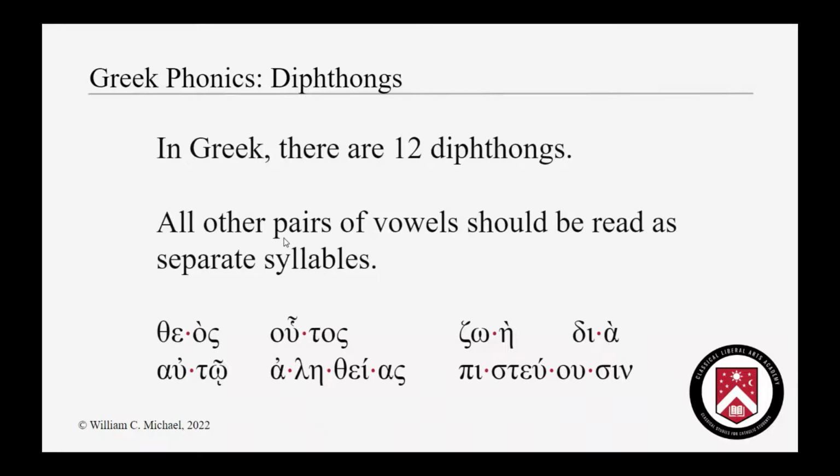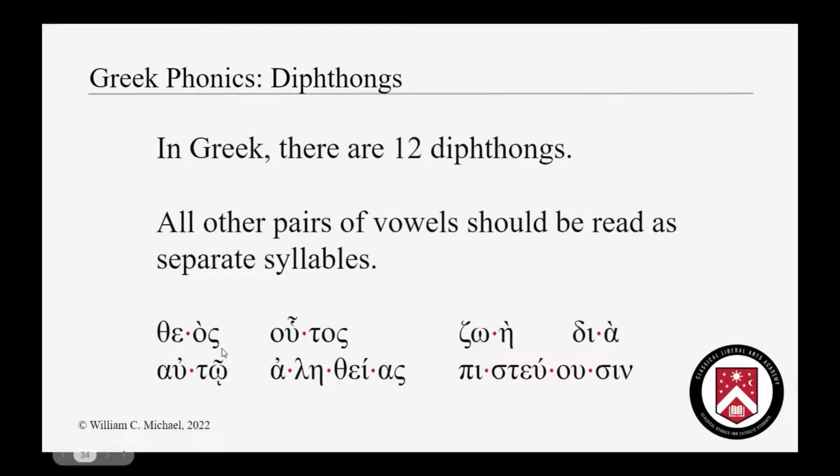All other pairs or groups, because sometimes there can even be three vowels, maybe even more. We'll see one word where there's 4 vowels in a row. All other pairs or groups of vowels should be read as separate syllables. So we have to be able to identify the 12 diphthongs because we're always going to read them together as a single syllable, but other groups of vowels we're going to divide.